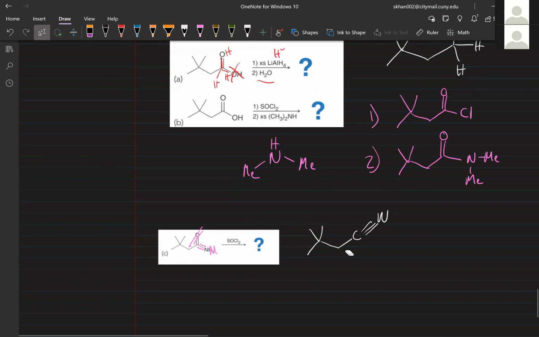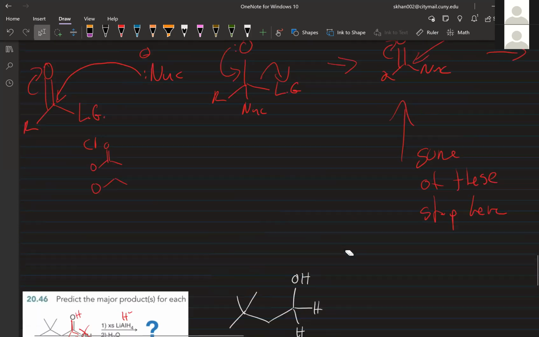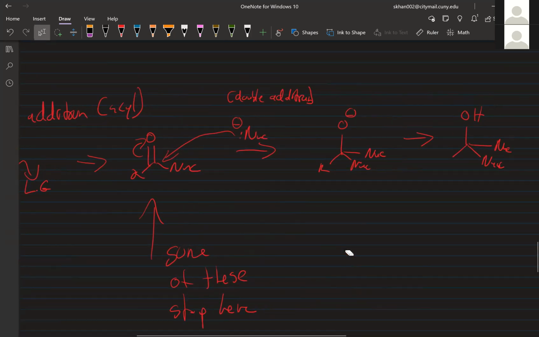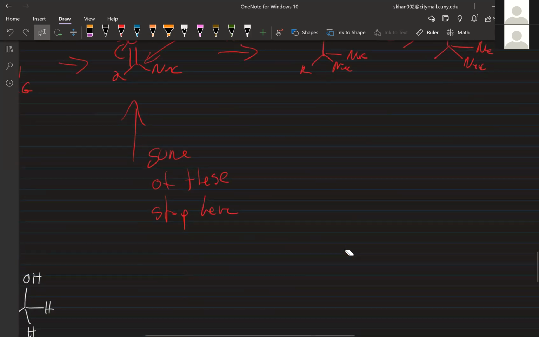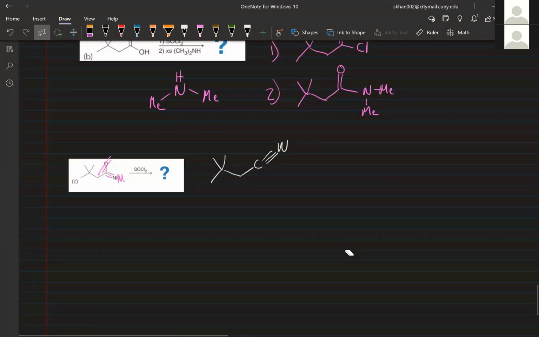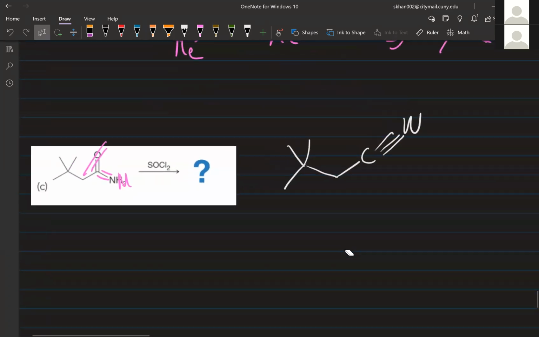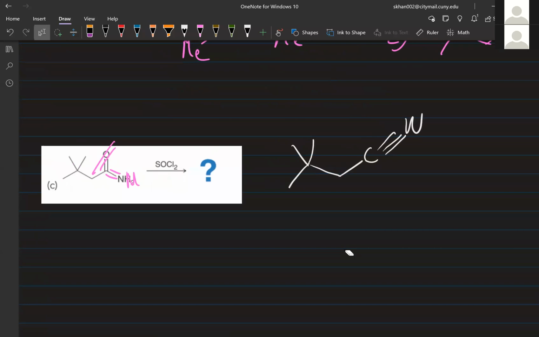But that other generalized mechanism more or less describes most of these reactions, probably 80% of them. Okay, so that's all that happens when you have thionyl chloride and your amide.